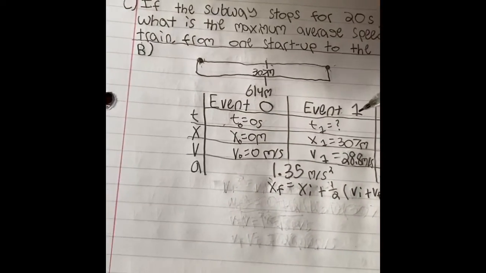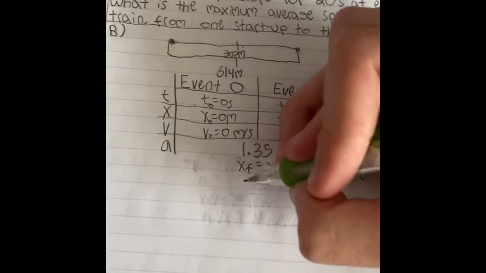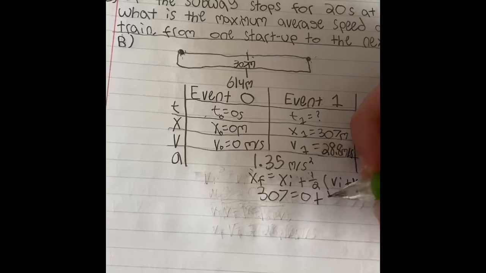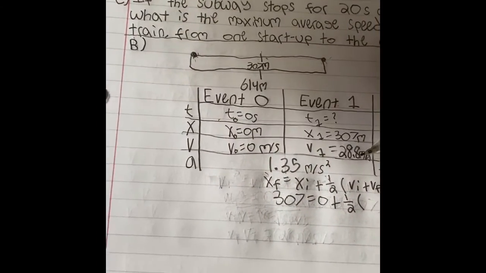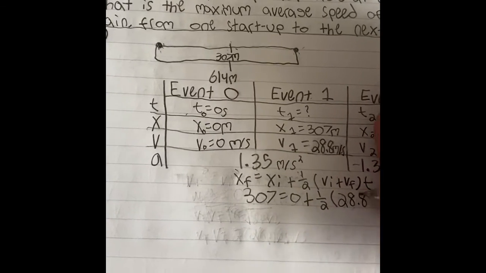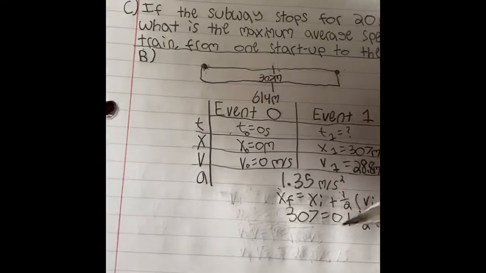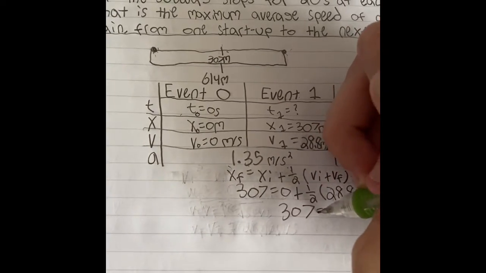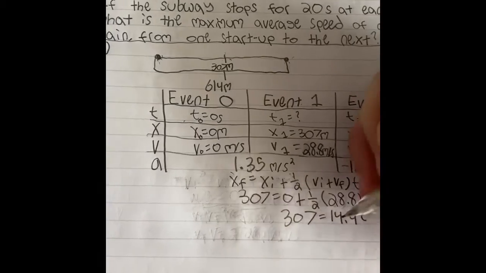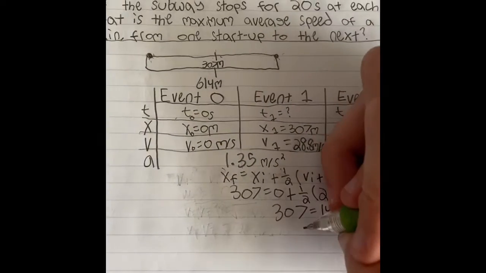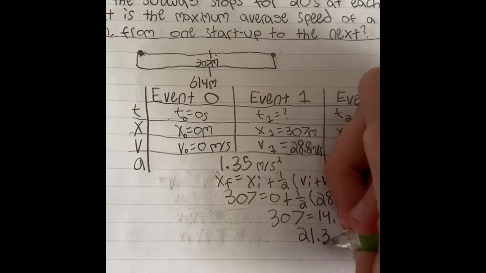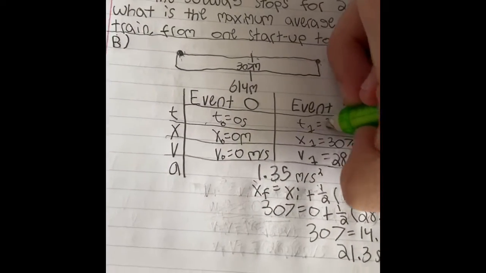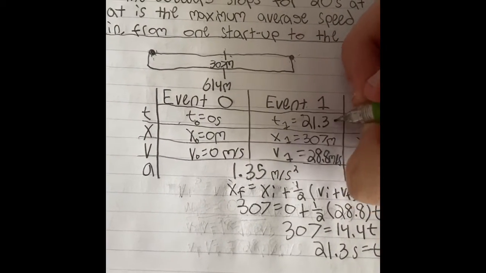From event 0 to event 1, the final x value is 307 and the initial one is 0, so 307 equals 0 plus 1/2 times 0 plus 28.8, times t. 1/2 times 28.8 is 14.4, so 307 equals 14.4 t. Dividing by 14.4 on both sides gives us 21.3 seconds equals t from event 0 to event 1. So we can erase this question mark and put 21.3 seconds.